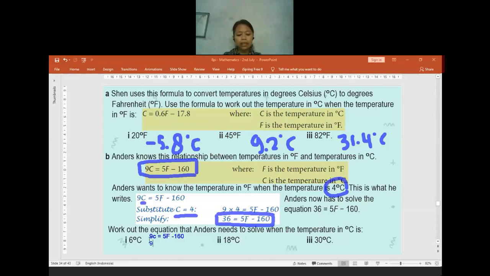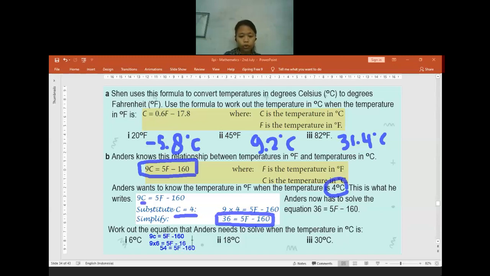The number we have is 6, so it will be 9C, which means 9 times C. So it will be 9 times 6, which is equal to 5F minus 160. So we can simplify 9 times 6, which is equal to 54. So the answer will be 54 is equal to 5F minus 160.